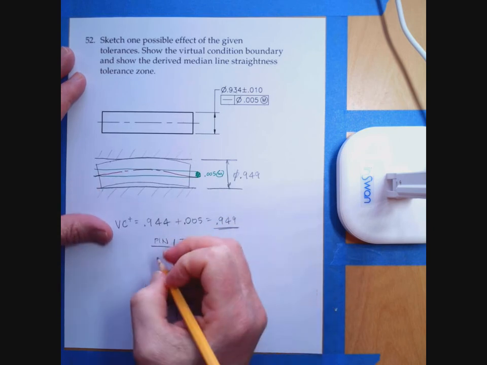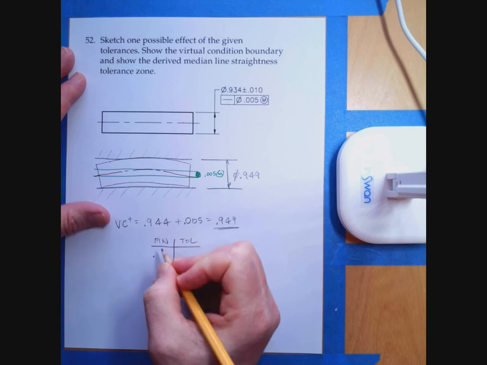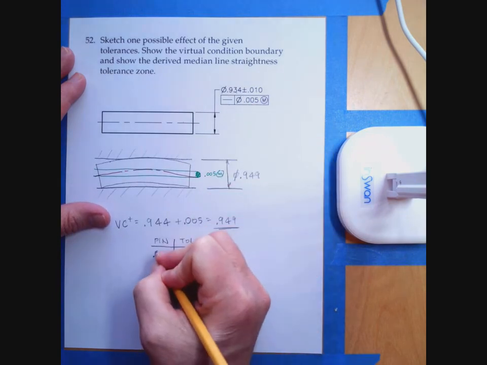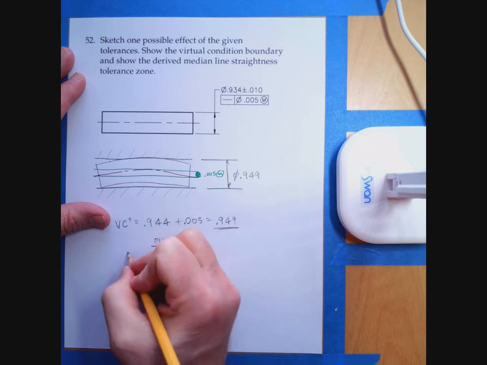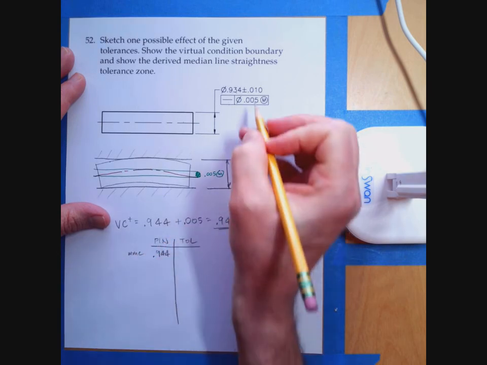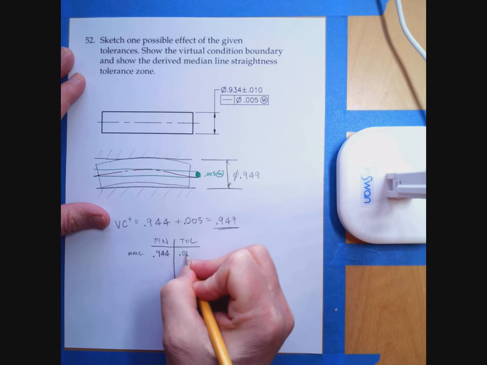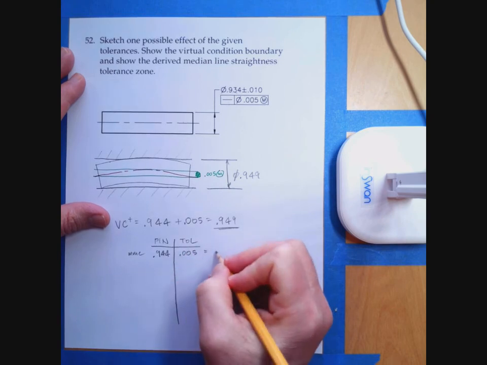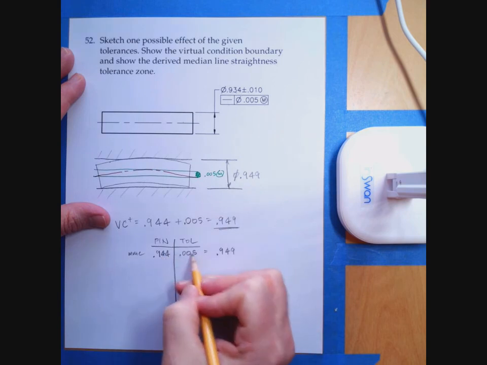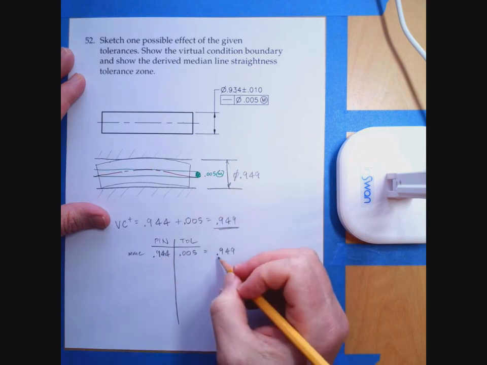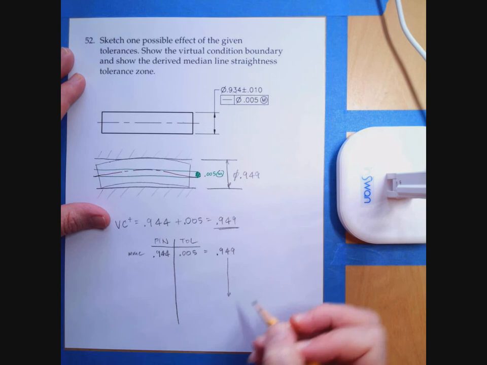So the pin diameter will start at its MMC size, which would be 0.944. The tolerance at its MMC size is 5 thou, 0.005. That yields a virtual condition of 0.949. Now remember, this is constant.